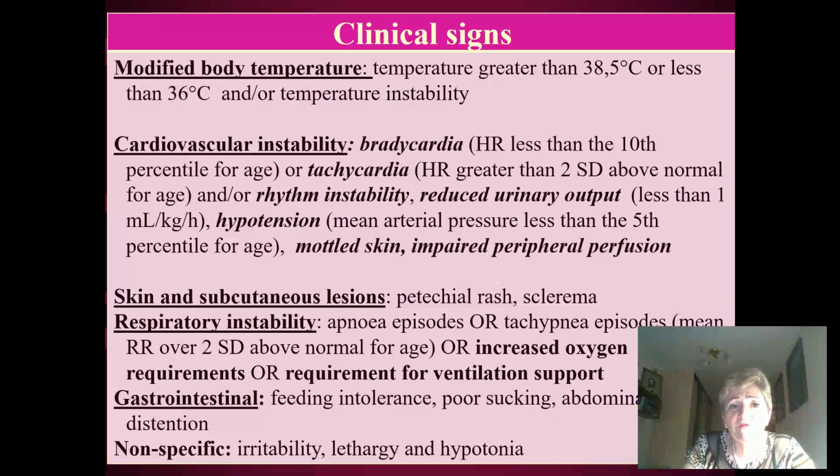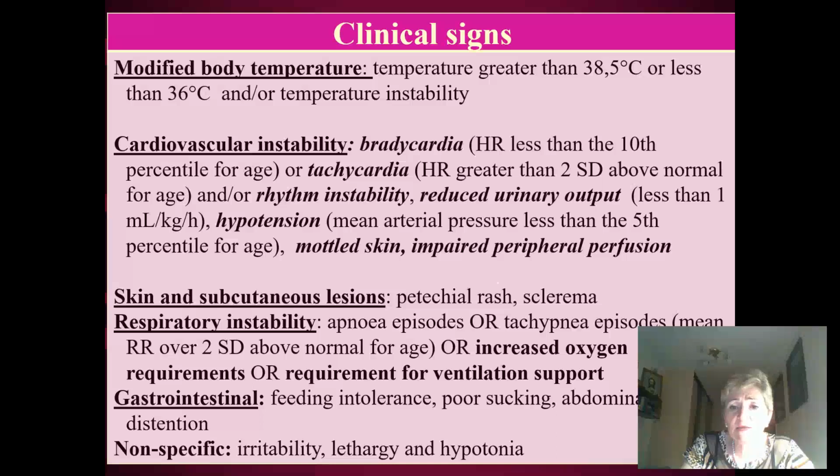Clinical signs include modified body temperature, temperature greater than 38.5 or less than 36, and temperature instability. Cardiovascular instability, when you reveal bradycardia, tachycardia, or disorder of rhythm, reduced urine output less than 1 or 0.5 milliliters per kilogram per hour, signs of hypotension, and disorder of skin, mottled skin, impaired peripheral perfusion.